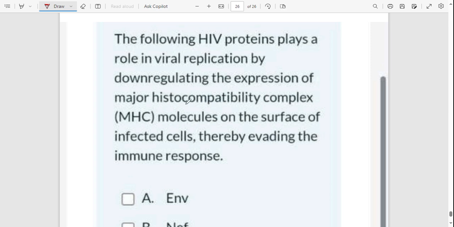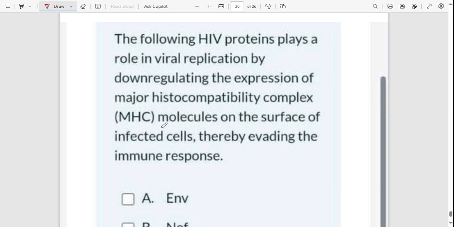The following HIV proteins play a role in viral replication by downregulating the expression of major histocompatibility complex MHC molecules on the surface of infected cells, thereby evading the immune cells. Now, MHC molecules are actually important.